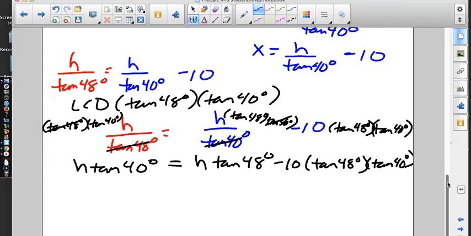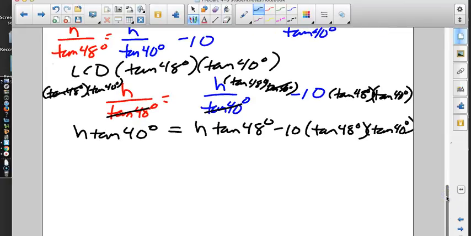Still just algebra. It looks really nasty, but it's still just algebra. What are we trying to solve for? H. H has to be on the same side in order for us to solve for it. So how are we going to move over H tan 48? Subtract it. Yeah, remember, tangent of 48 is just a number.